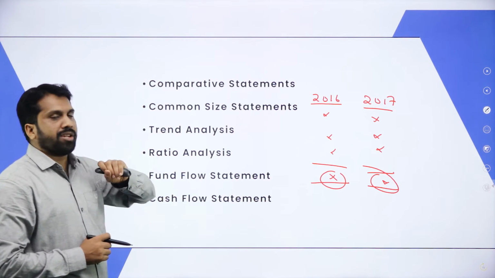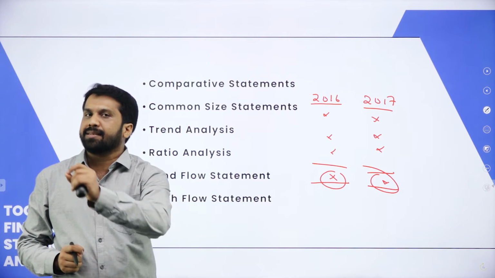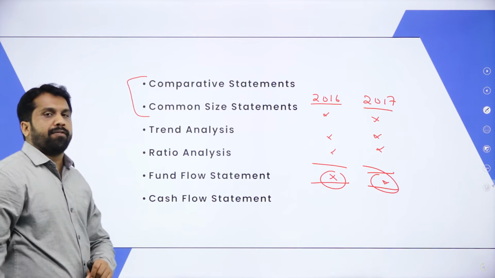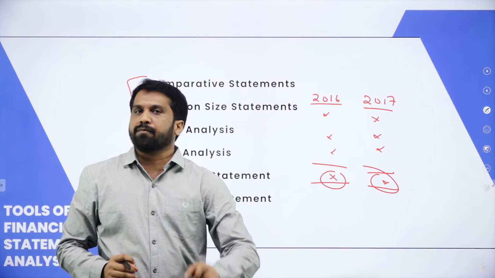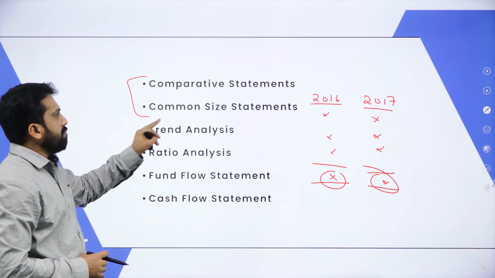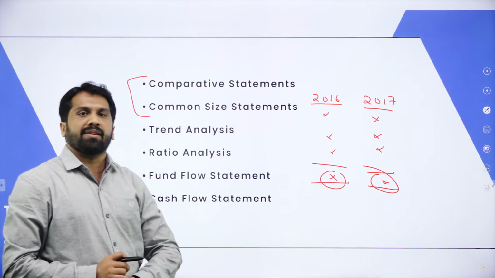In comparative statement, your first year is always considered as base. Clear? These two will come for your examination for 12 marks. Sometimes you may get comparative or you may get common size statement.